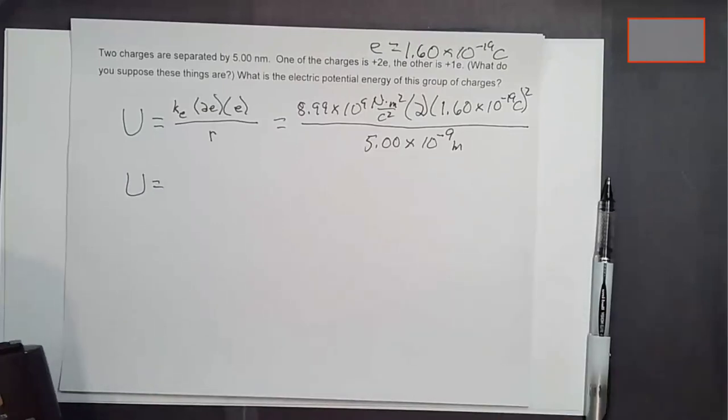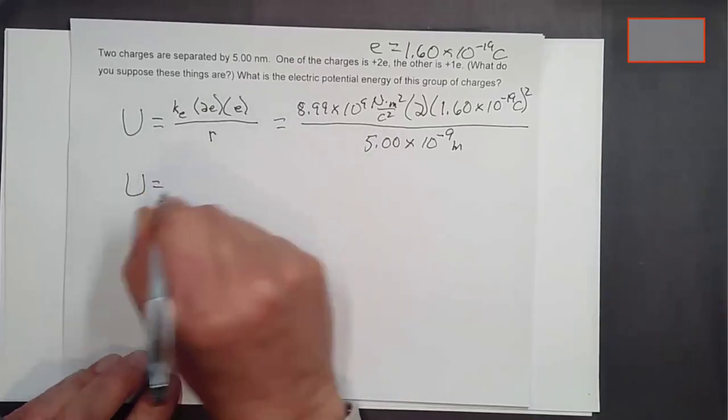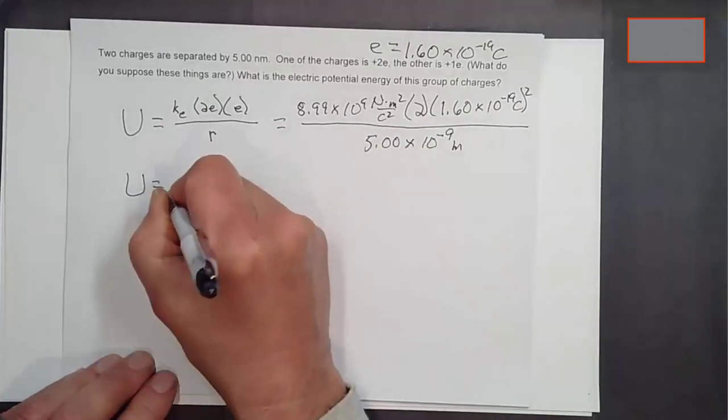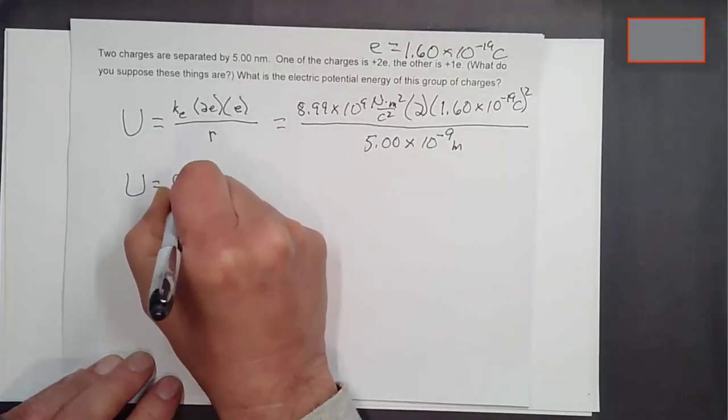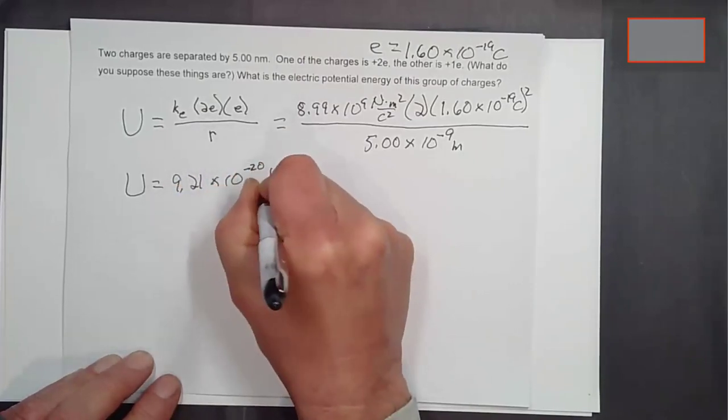And let's see how much it is. Okay, not much. I get about, I guess I can keep 3 sig figs on this, 9.21 times 10 to the minus 20th joules.